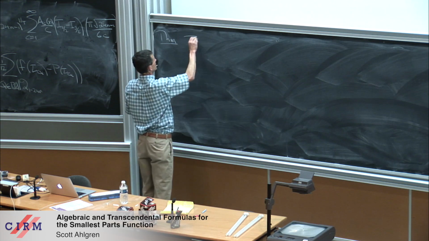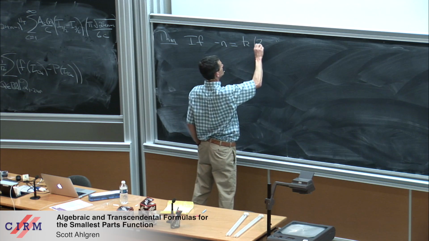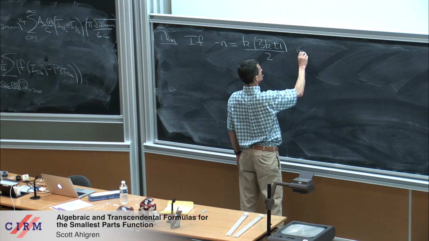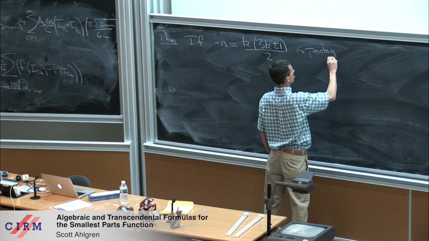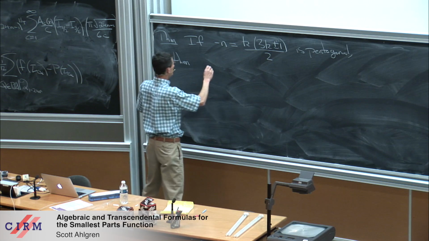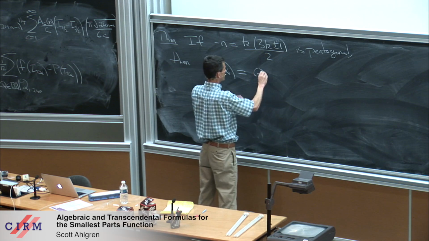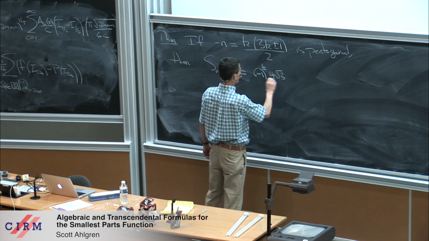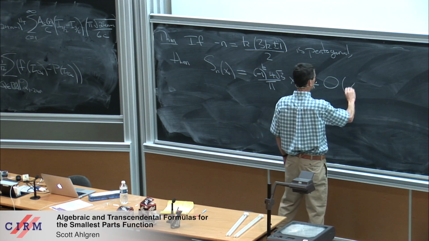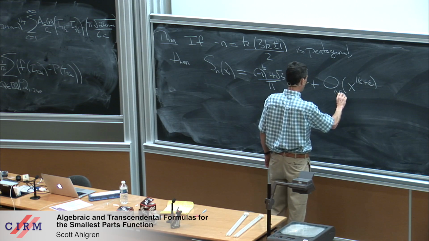The theorem says that if minus n looks like k times (3k plus or minus 1) over 2, and these are what we call the pentagonal numbers, then this sum S_n of x looks like minus 1 to the k times 4 root 3 over pi times x to the half, plus a big O of x to the 1/6 plus epsilon, and the big O will depend on n and epsilon.